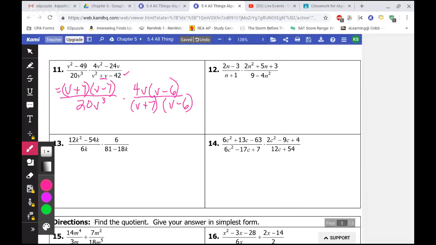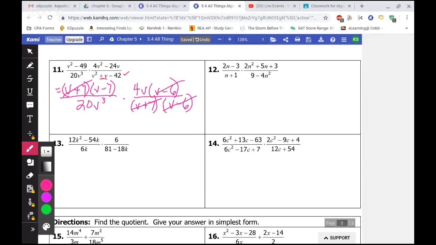So now I'm going to look for things that I can cancel or eliminate that factor out. That's going to be v minus 6, and I can factor vertically and I can factor horizontally. So v plus 7 factors diagonally, I'm sorry, diagonally or vertically. So v plus 7 cancels with v plus 7 in the upper left.